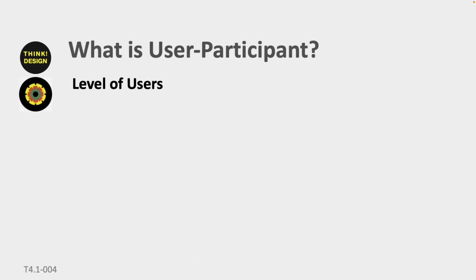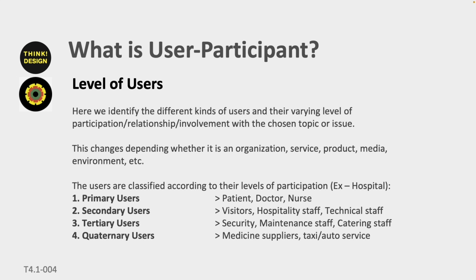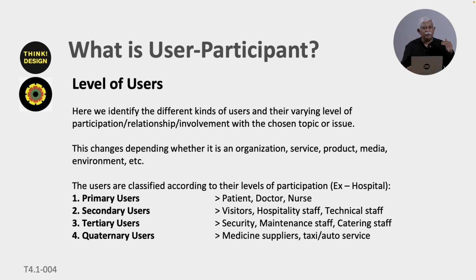We'll try to understand who the user participants are, according to their level of participation or relationship or involvement with the topic or the area that you're trying to understand. It could be an organization, service, product, media, environment, right?